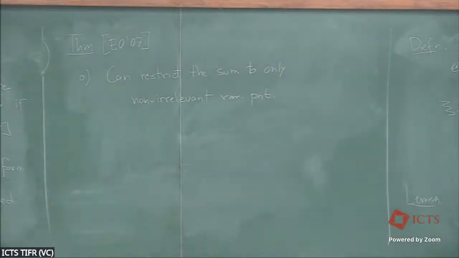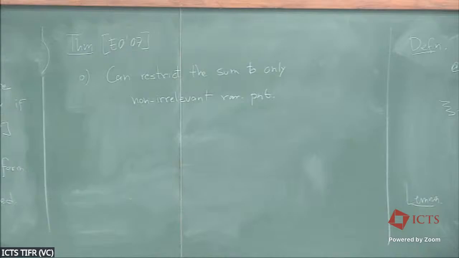Remember that irrelevant ramification points are ramification points for which this expression here has poles that are very big. And you can kind of see why this is true, because if this thing has poles that are too big, there's no chance of getting a residue, okay? So in this sum, instead of summing over all possible ramification points, I can just sum over the ones of Airy type and Bessel type, okay?